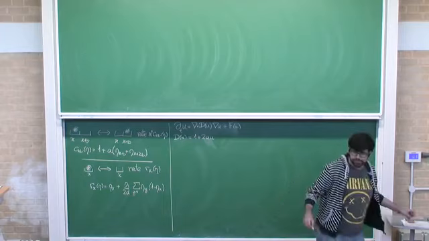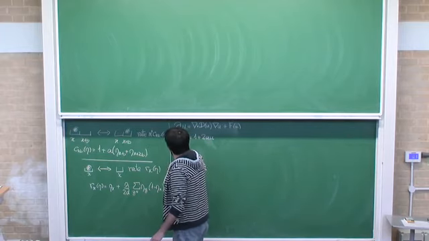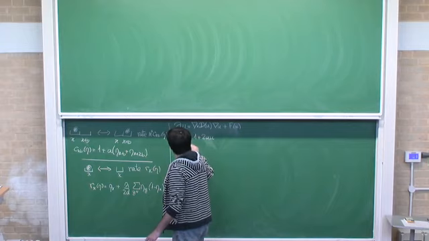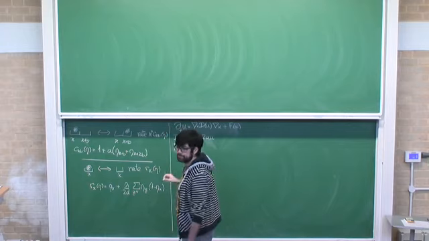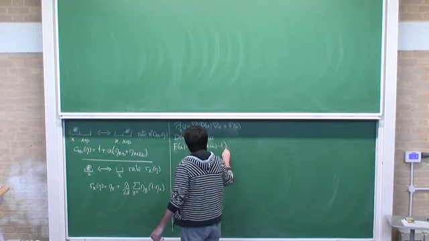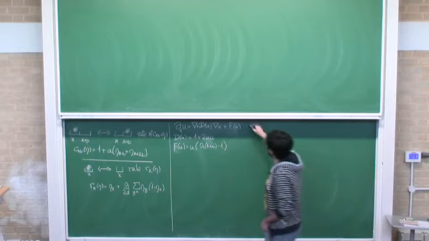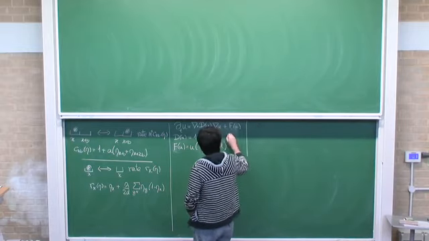So f of u was u times lambda times (1 minus u) times 1. So this here was the hydrodynamic equation.